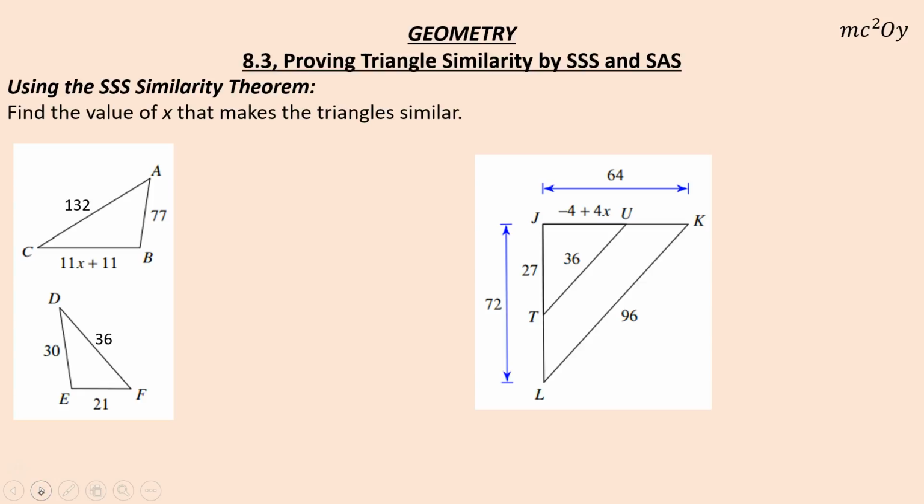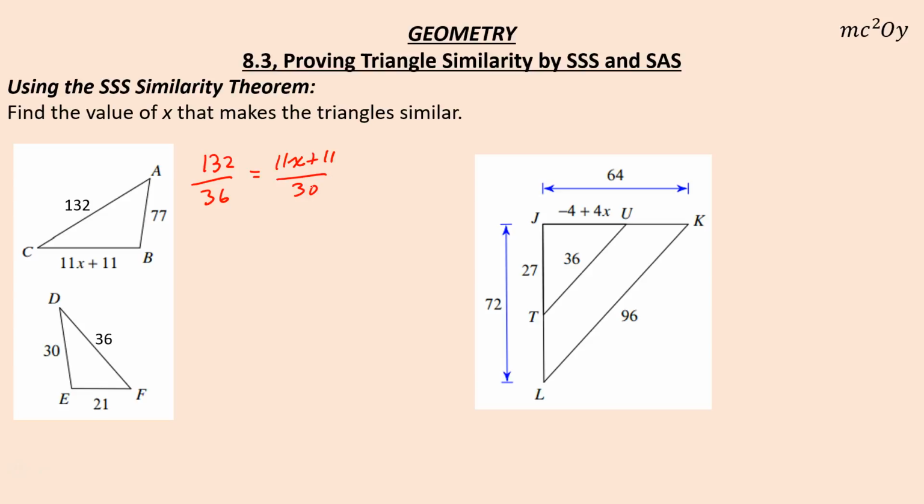If we want to find a value that makes triangles similar, so in this case, find the value of x that makes the triangles similar, we could do that. We could set up our similarity ratio. We know big side or longest side to longest side would have to equal, in this case, looks like the medium side, so 11x plus 11 over 30.